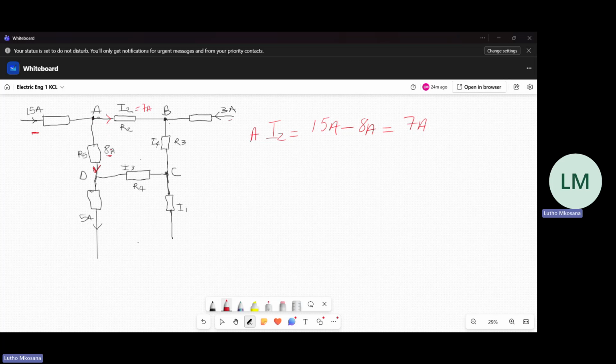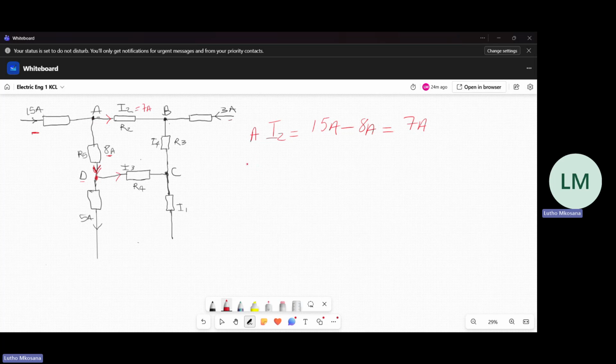For this exercise, we need to determine the direction as well based on what we are given. If you look over here at point D, 8 amps is flowing towards that node D, and then we have 5 amps. Then I3 would be flowing in that direction as well.